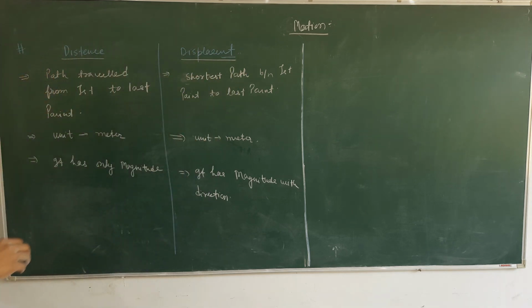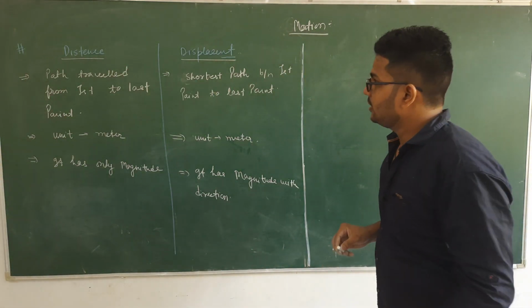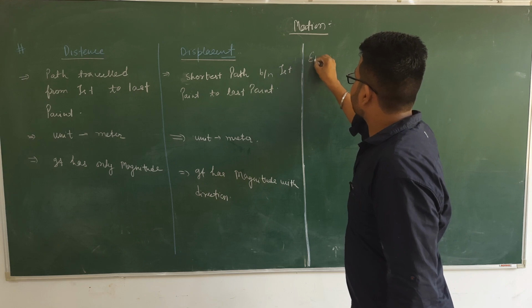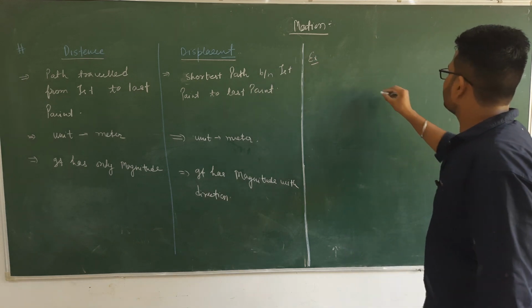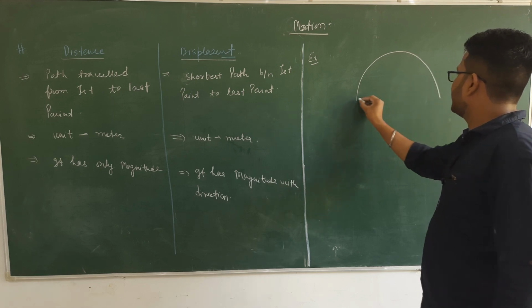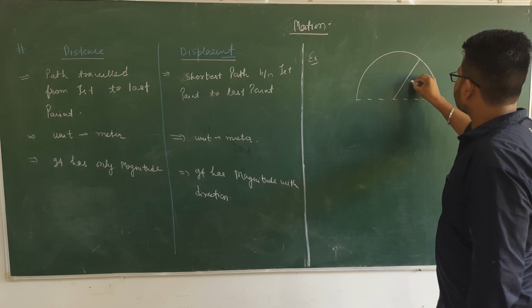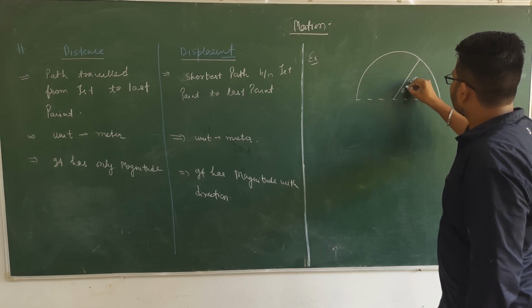So how to differentiate? Let's try to understand with an example. First of all we have a half circle which has radius 3 meter. This is the radius.